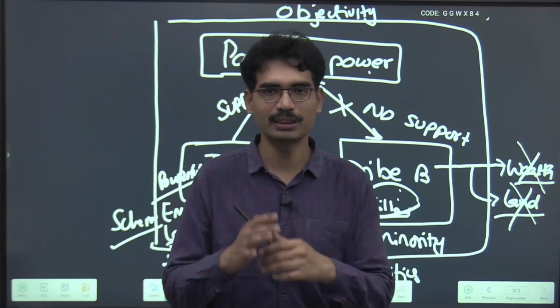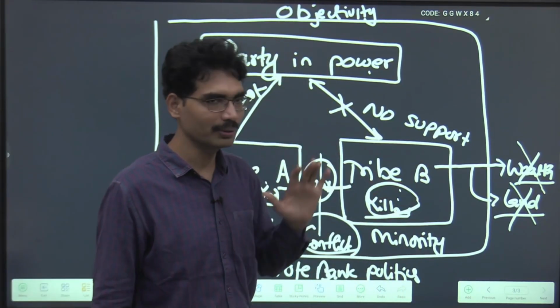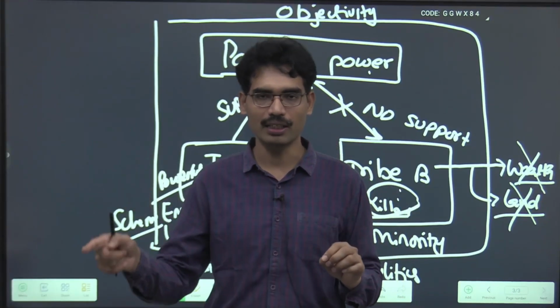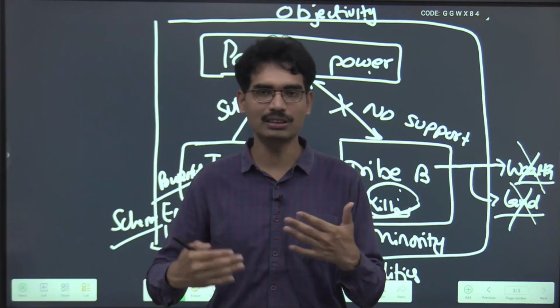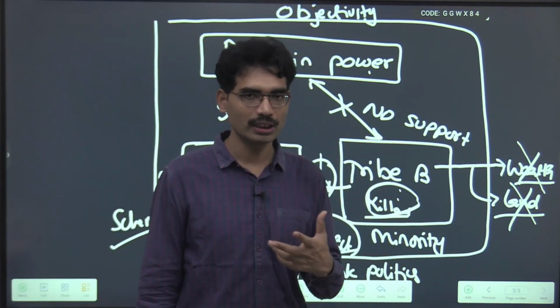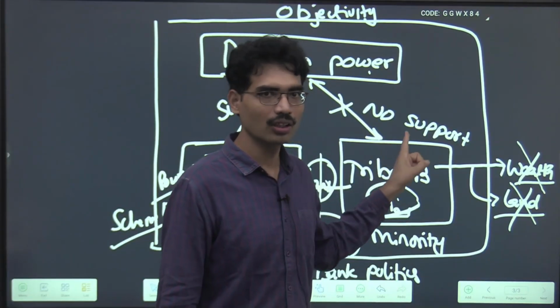So this is what objectivity means: whoever may be the law and order trouble, they must be taken into custody, whether it is tribe A or tribe B. The Manipur issue has been going on for so many months because of these calculations. When objectivity is not there, gradually what will happen?